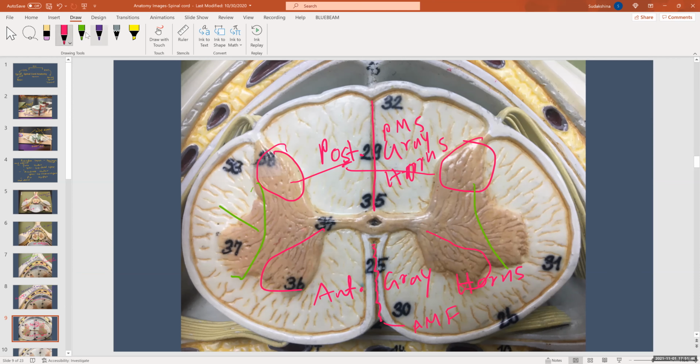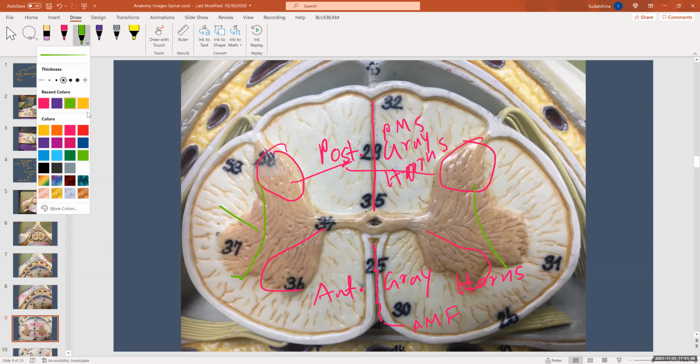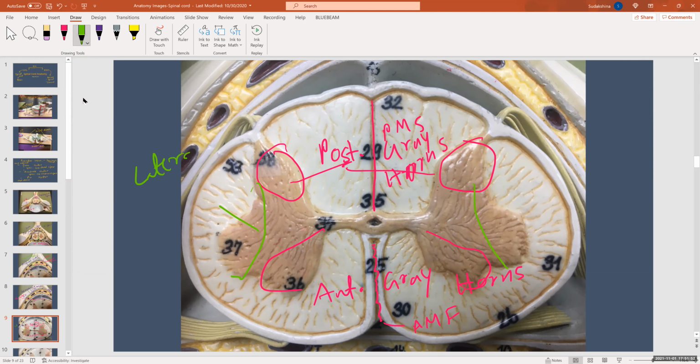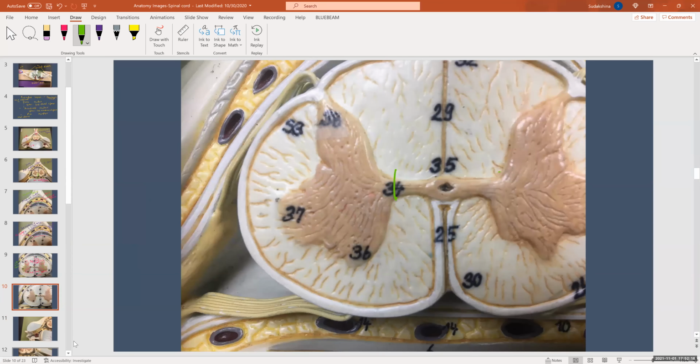Appropriately, lateral gray horn. Right and left. So posterior gray horns, anterior gray horns, lateral gray horns. What do we call this bridge? This bridge is referred to as gray commissure.